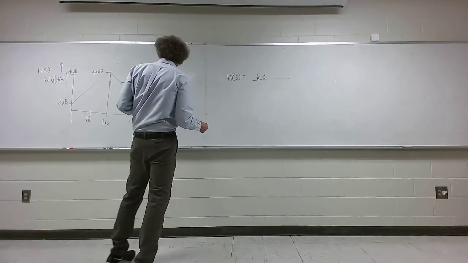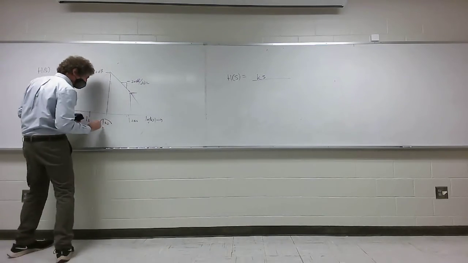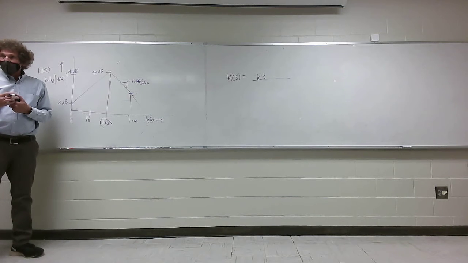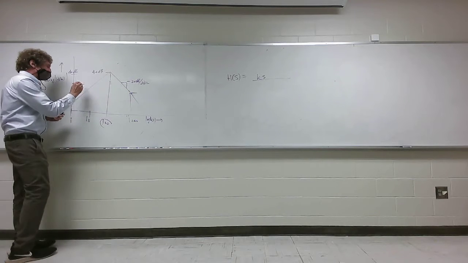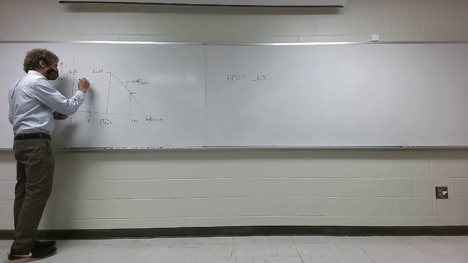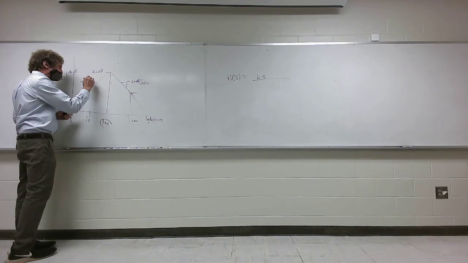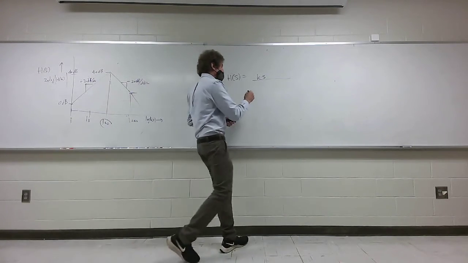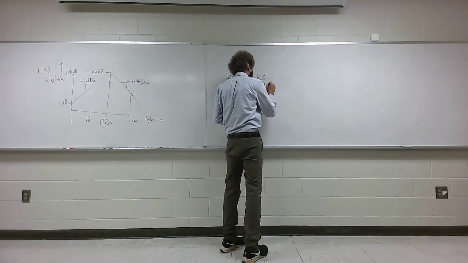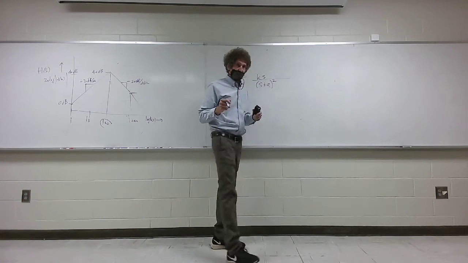Now, at that point right here, what happens? That's a pole, right? And it starts going down, but now it's going down at 20 dB per decade. It was going up, a positive 20 dB per decade, and now it's going down, so what? 2 poles. It would be S plus A squared for the pole, I'm just putting the general form.